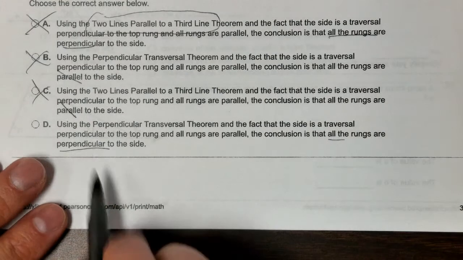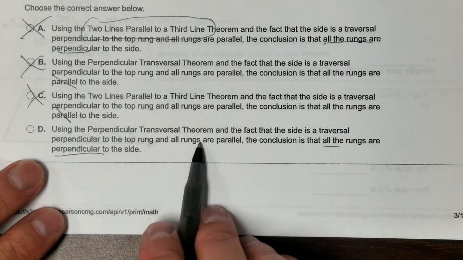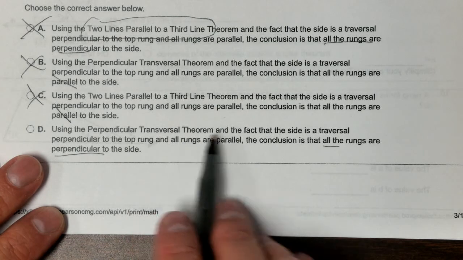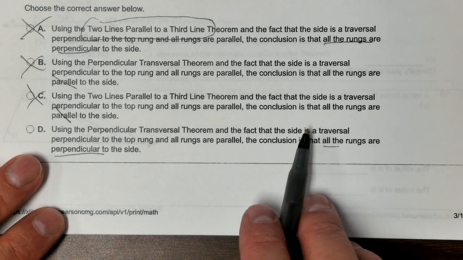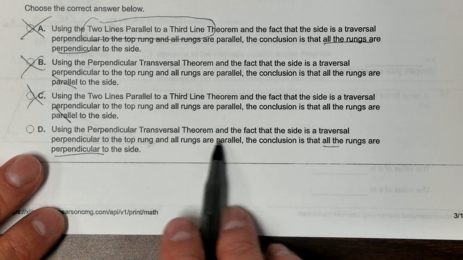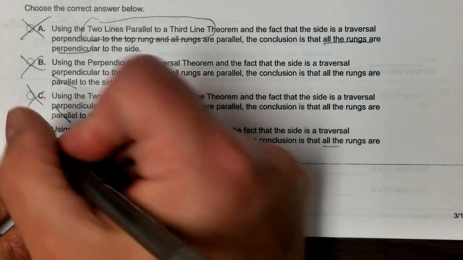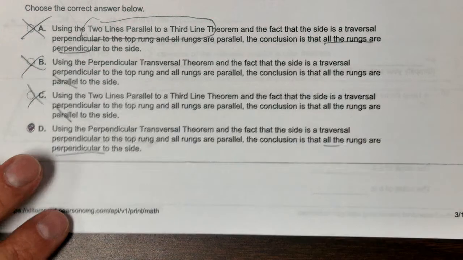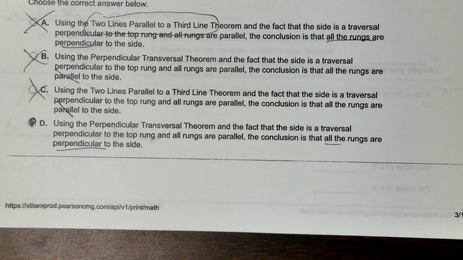And so using the perpendicular transversal theorem, okay, we've heard of that, and the fact that the side is a transversal perpendicular to the top and all are parallel, then all are perpendicular. So that's going to be D. Any questions?